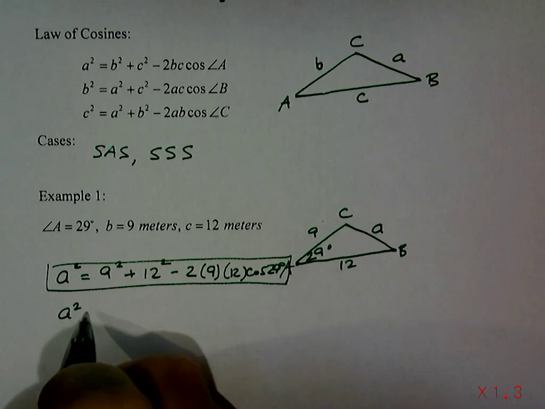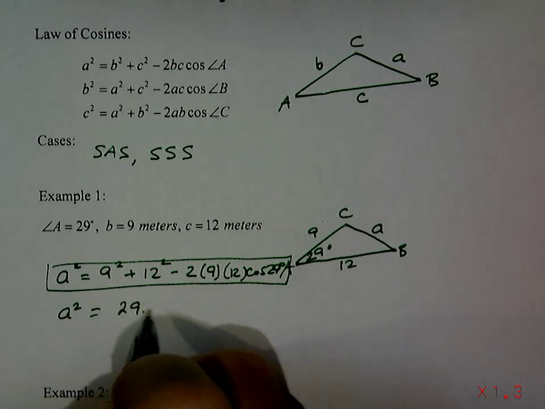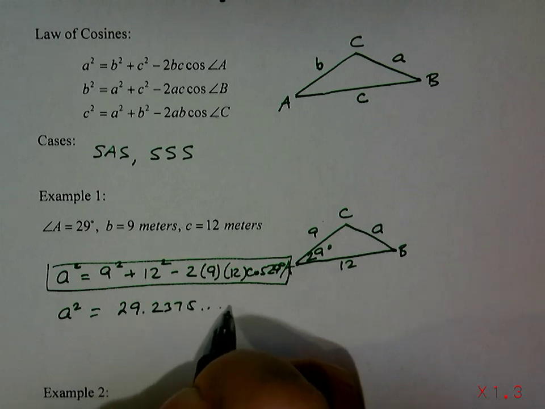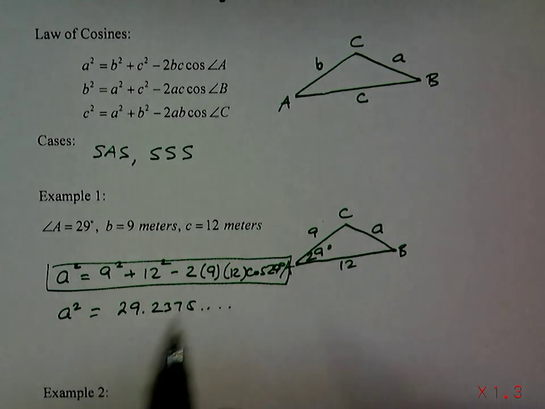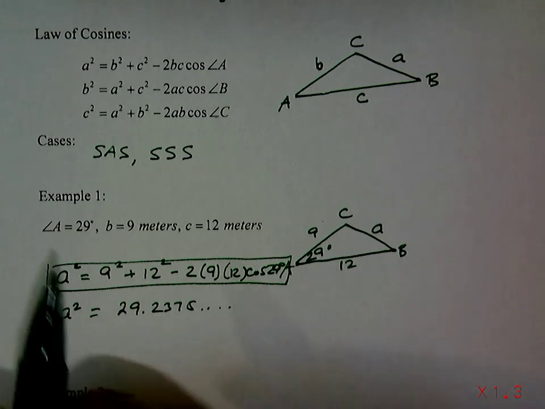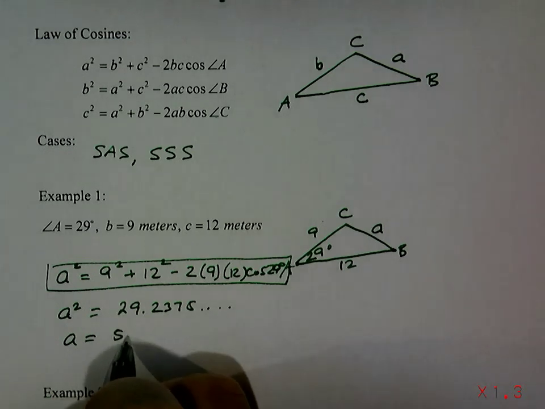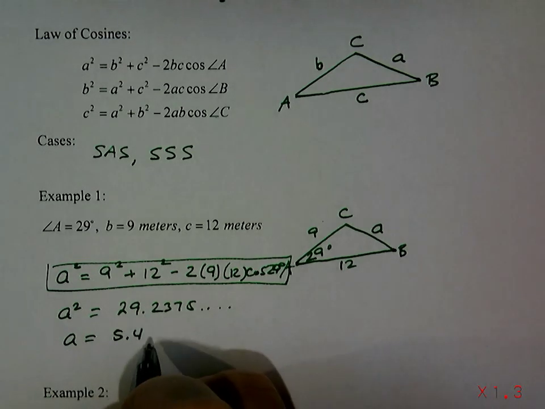When I calculate that, A squared is going to equal 29.2375. But you have to remember that what you're looking for is not A squared, you're looking for A. So you have to remember to take the square root of that number, and A is going to be 5.4 meters.